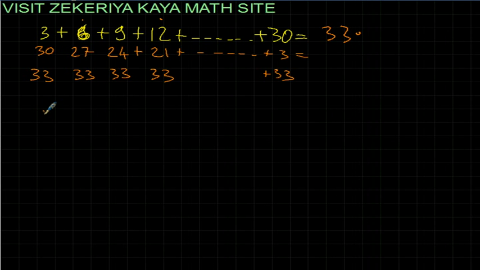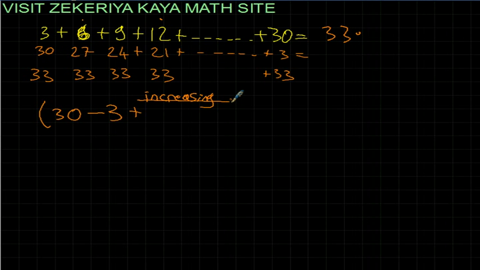But we need another way of thinking. For example, firstly we subtract from the last the first. 30 minus 3 will be 27. So after that we need to add the increasing part.